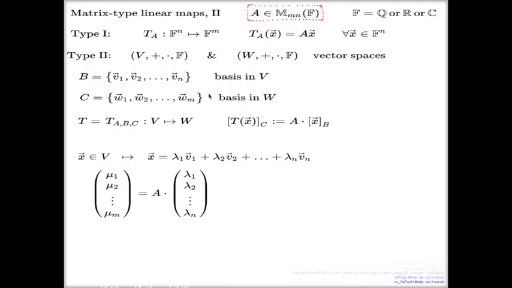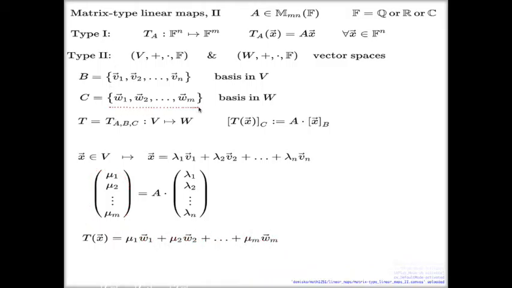We're not there yet. Now at the third stage of your construction, you take these new coefficients and form a linear combination of the elements in the C basis. And that's how you finally arrive in W. Three-stage construction.